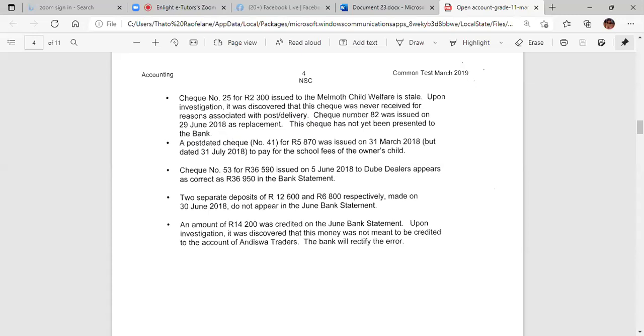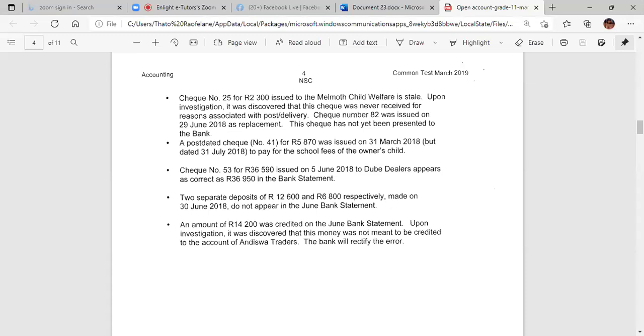So we have to add back that money. Initially, the 2,300 no longer belonged to us. We wrote a check. We are just waiting for them to collect it. We wrote a check to Melmoth Child Welfare. However, the check is stale, so we have to add back our money. It still belongs to us. It's still in our bank account. So we correct that.